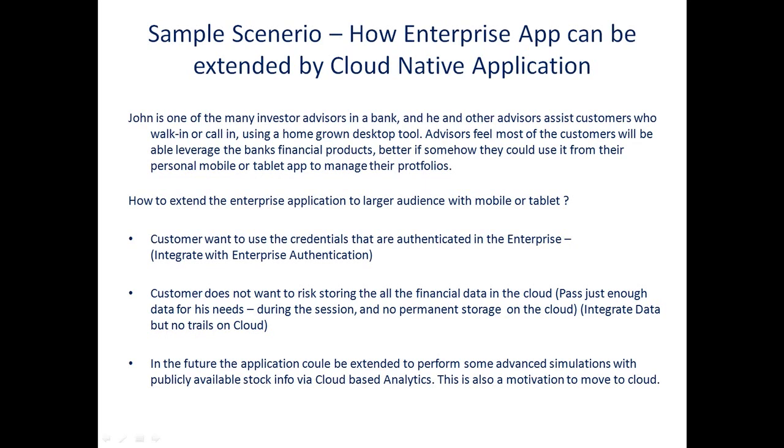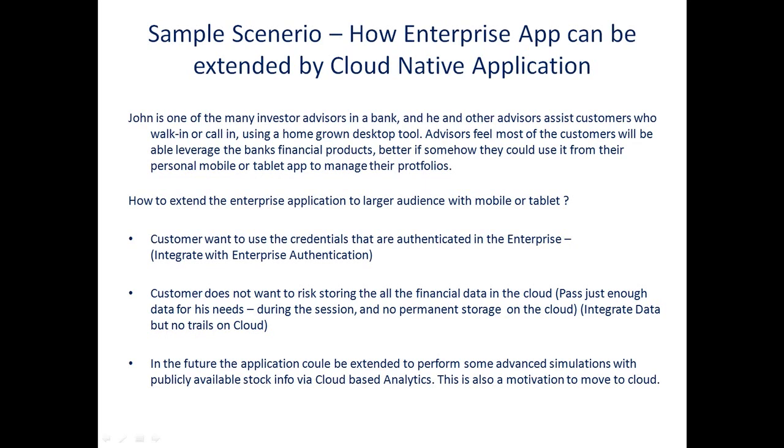For a larger audience, especially the people who have mobiles and tablets, let's say they want to integrate the authentication. They don't want to ship secure information out somewhere to the cloud. They also want to ensure that they don't ship all the data of the customers outside their enterprise.